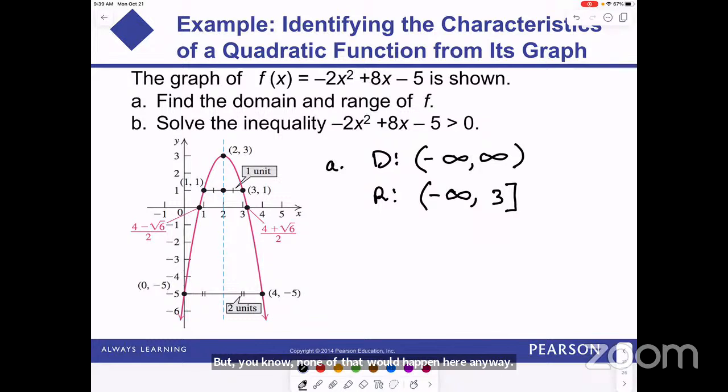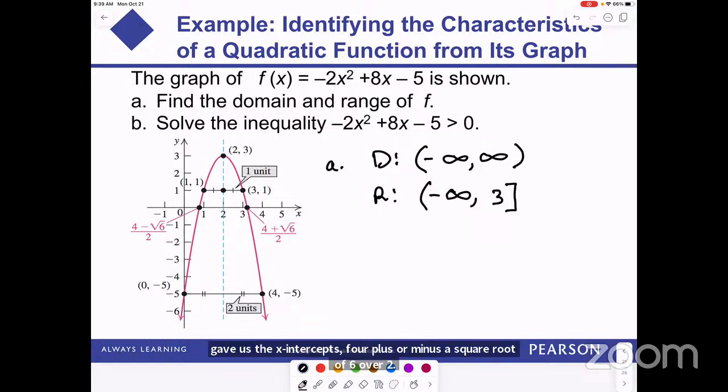So then we're asked to solve this inequality. It's basically saying, when is this quadratic positive? In other words, when is it above the x-axis? Well, we could just look at the graph and see it's above the x-axis. They give us the x-intercepts, 4 plus or minus the square root of 6 over 2. So it's basically between those.